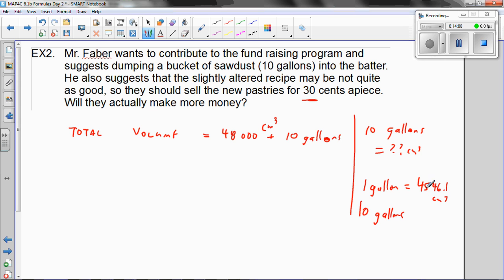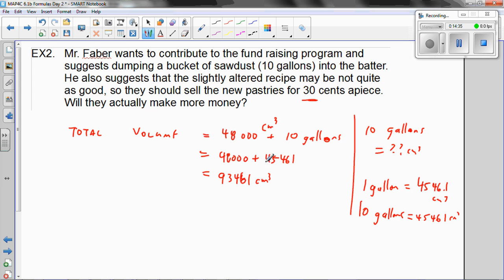So how much is 10 gallons? I just go 10 times that. 10 times this, 10 times that. So that's 45,461 centimeters cubed. So this 10 gallons in centimeters cubed is 45,461, for a total of 93,461 centimeters cubed.